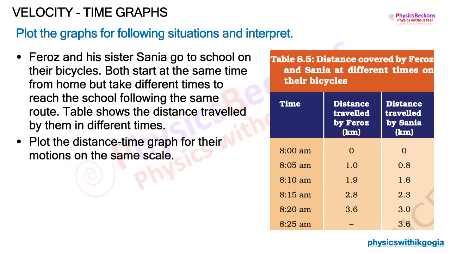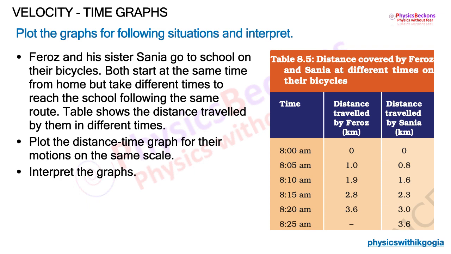You may plot the graphs and see the shape of the graphs. It's advised that you choose the same scale for the motion of both Sania and Firoz and try to interpret the graph.